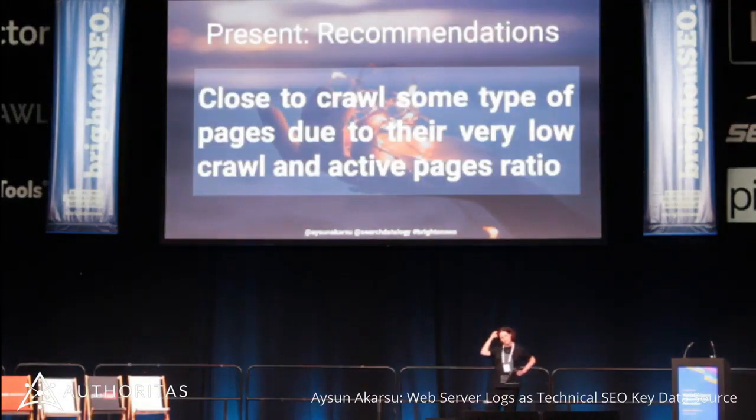So for present data analysis, if you have the crawl data of the website, which you have by crawling the website, and if you cross the data coming from web server logs with this data, you can tell your clients, for example, which pages to crawl to close the crawl.